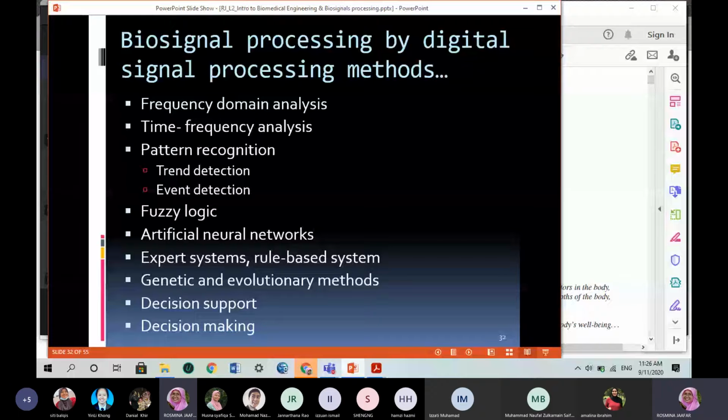Another method for signal processing is pattern recognition. In pattern recognition, you look at trend detection and also event detection. Trend means you observe how the signal changes with time.